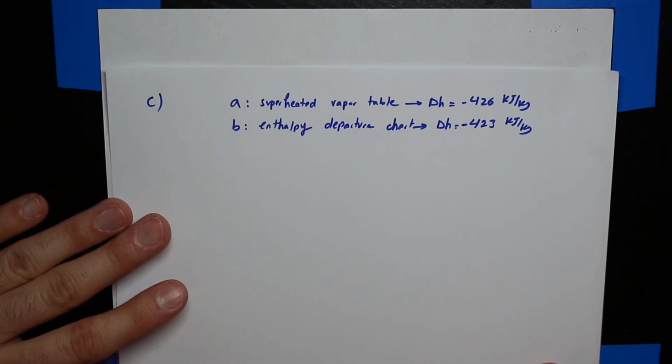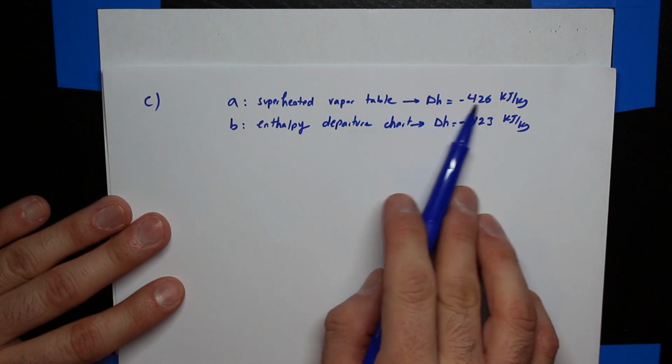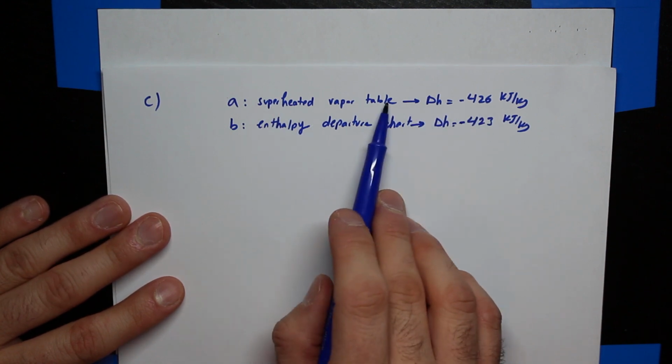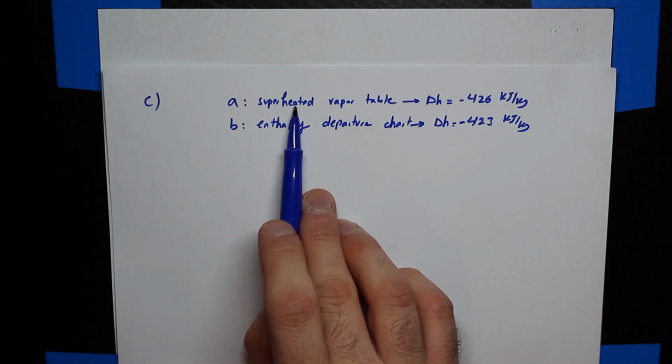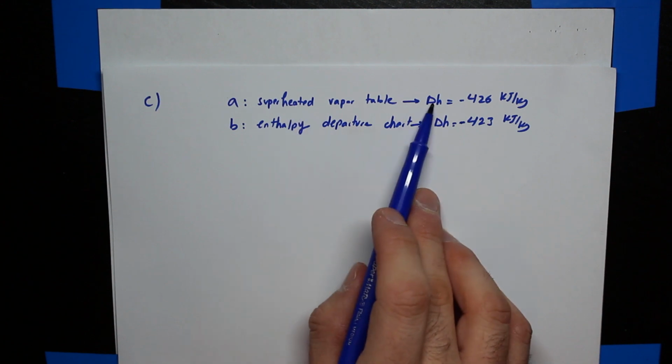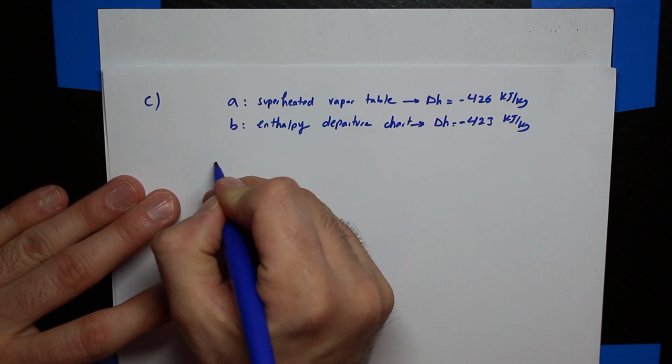The answer is the one that we obtained from the superheated vapor table is the most accurate one, because those H values are listed for the correct pressure and correct temperature. There is no approximation done in those tables. So the answer to part A is more accurate.